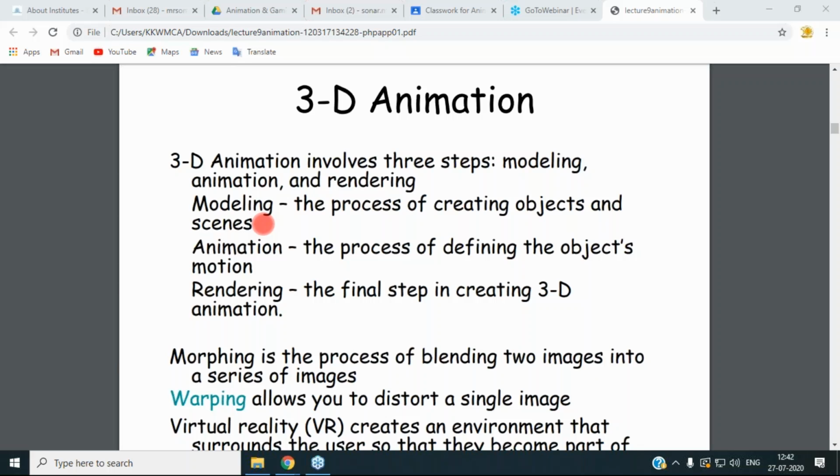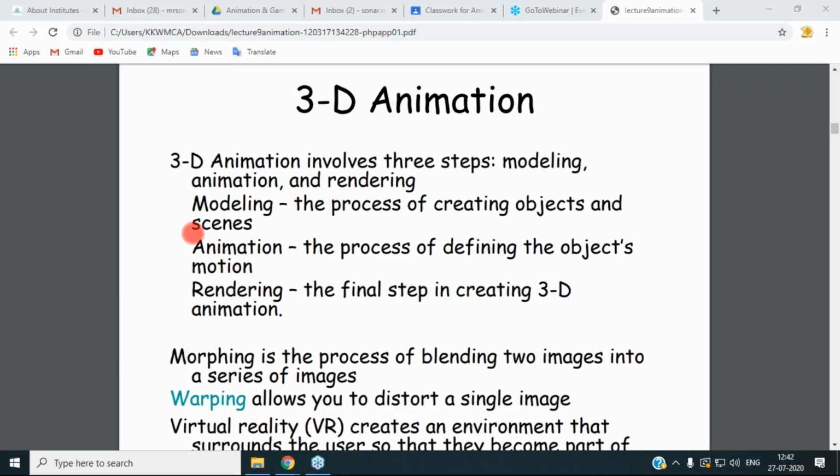Then there is another step called animation, the process of defining the object's motion. And there is one more step, rendering, the final step in creating the 3D animation.